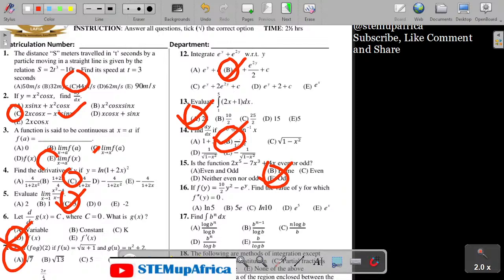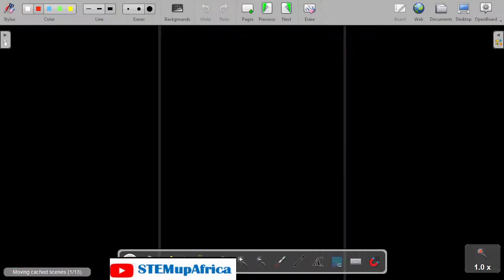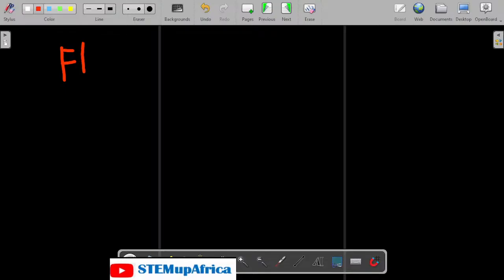Now, if f of y is this, we are asked to find y for which the second derivative of f is 0. So we are going to find the second derivative and equate it to 0. So let's see how that goes. We are given f of y. Our f of y is 10 over 2 y squared minus exponential y.